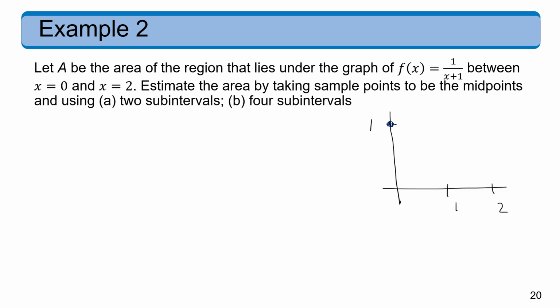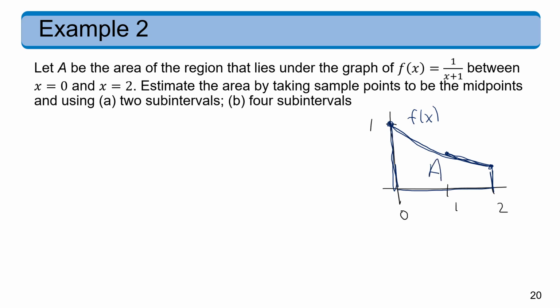When x is 2, y is 1/3. And so it's a curved shape, just slightly curving. Okay, so that's our f of x, and we're just looking at 0 to 2. So you could go ahead and sketch sides to it, down to the x-axis, so this is the area we're trying to find.